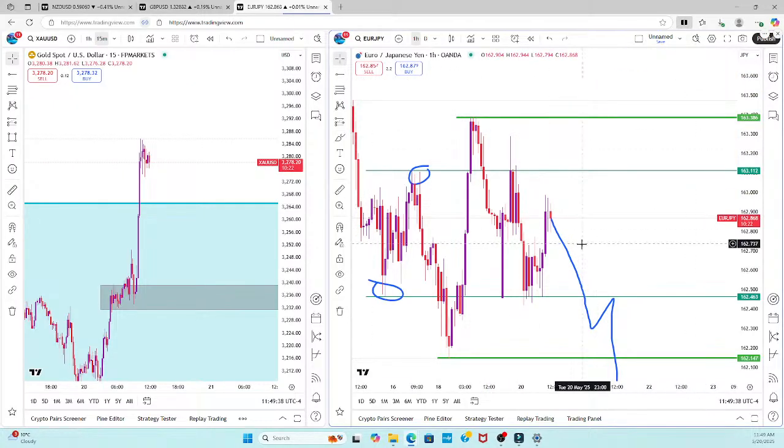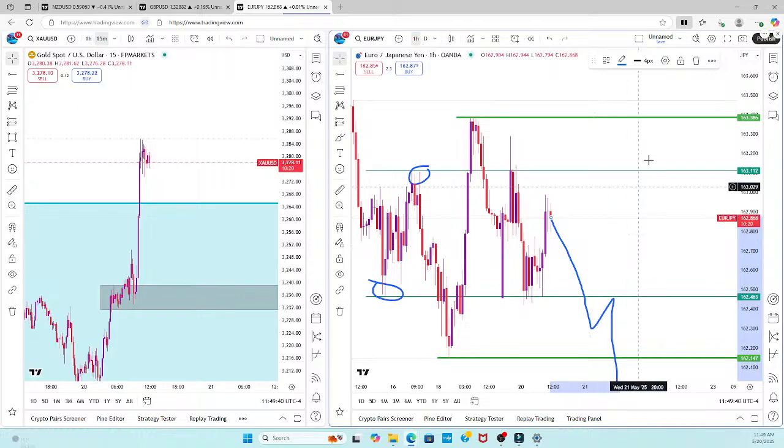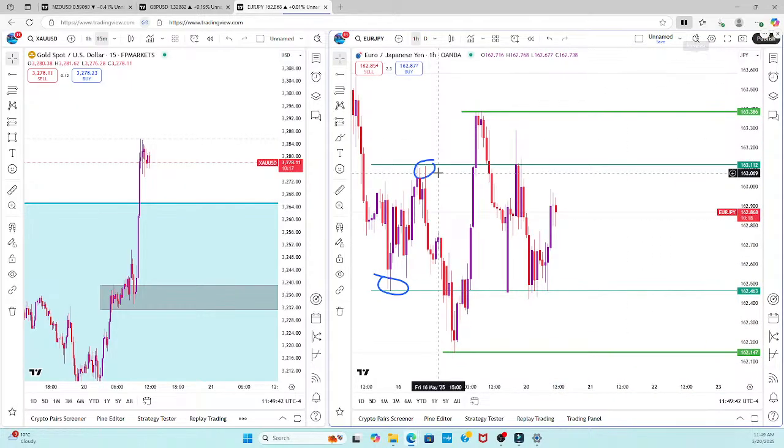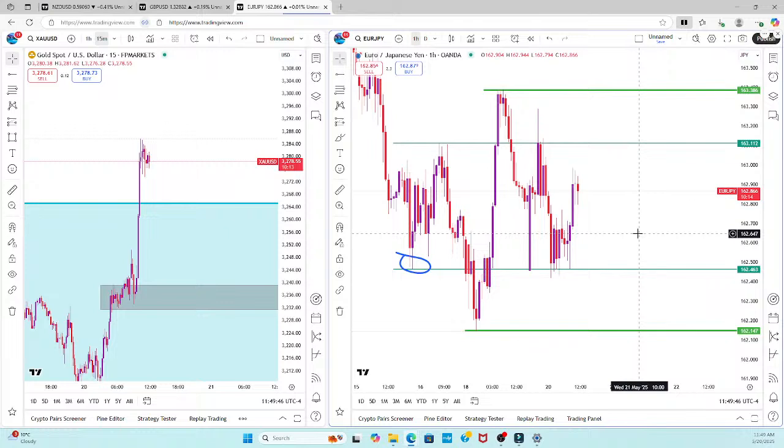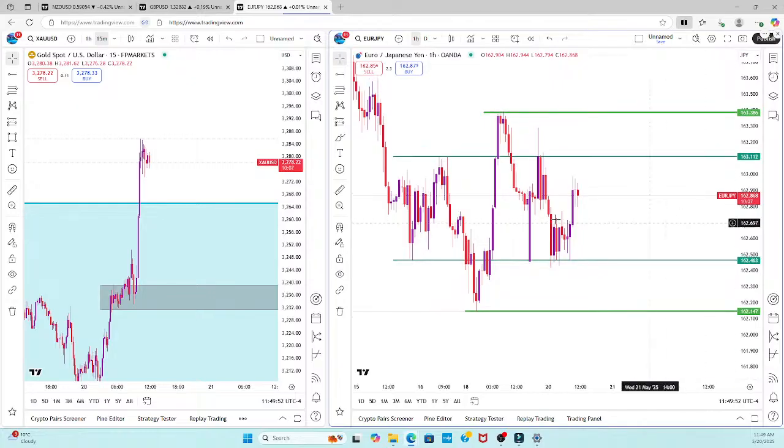Those are the two possible scenarios that could play out for this chart based on this time frame.